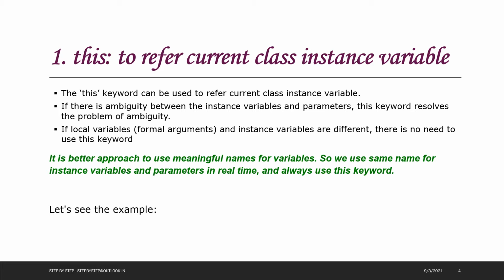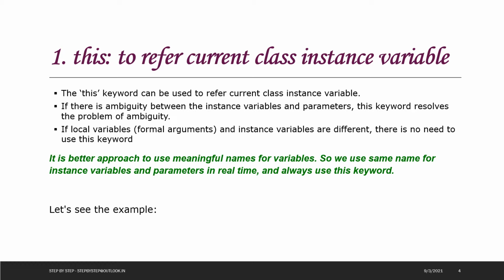So the this keyword will identify the instance variable and you can easily assign the values of the parameter variables to that instance variable. But if the local variables, that is the formal arguments, and the instance variables have different names, there is no need of using the this keyword. In this case, you don't need to use it. But it is a better approach to use meaningful names for variables.